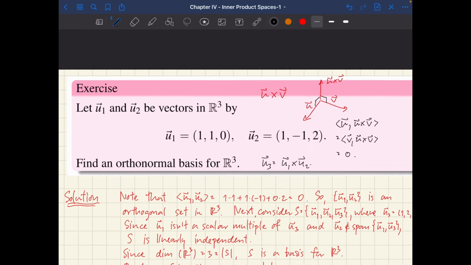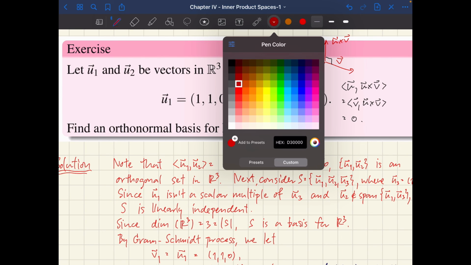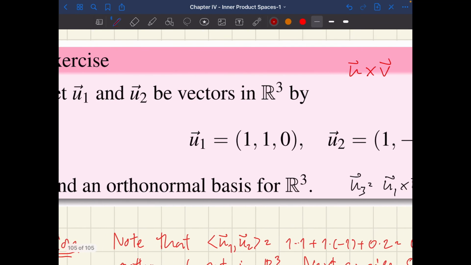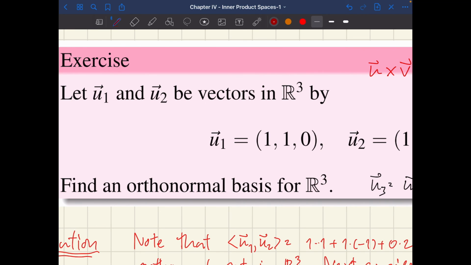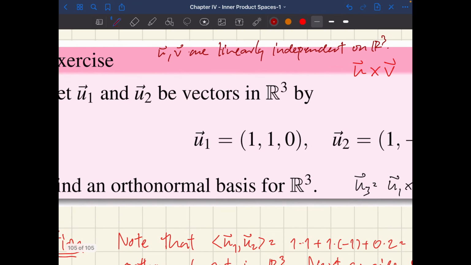But actually in my assignment, I need you to prove that if we have vectors u and v in R3 where u and v are linearly independent, and we let W be the span of the vectors u and v, then W perp is the span of the vector u cross v.